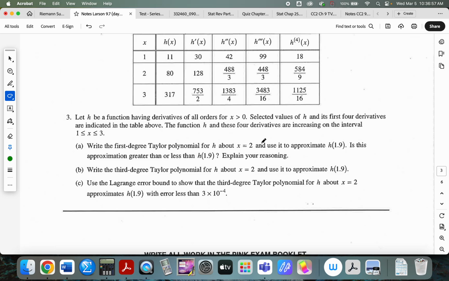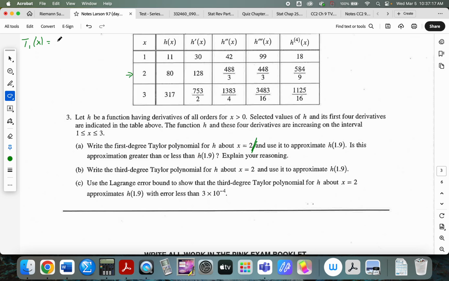All right. Anytime they get to an "and," I stop before the "and" and make sure I do that first. I want the first degree Taylor polynomial, so I want T sub 1 of x or P sub 1 of x. It doesn't really matter which. We're evaluating this about x equals 2.